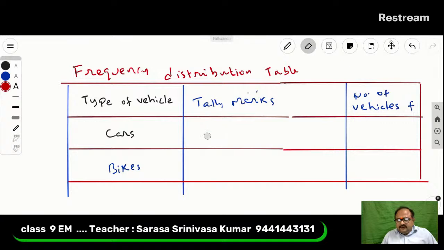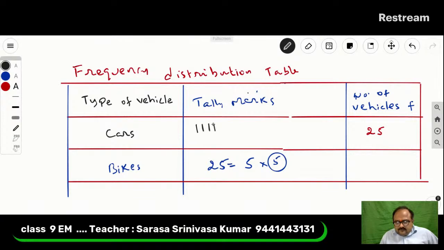So here we should write cars. The frequency of cars is 25. How can we write 25? 25 can be written as 5 multiplied by 5, that is, we should write 5 groups of tally marks. 1, 2, 3, 4, 5.